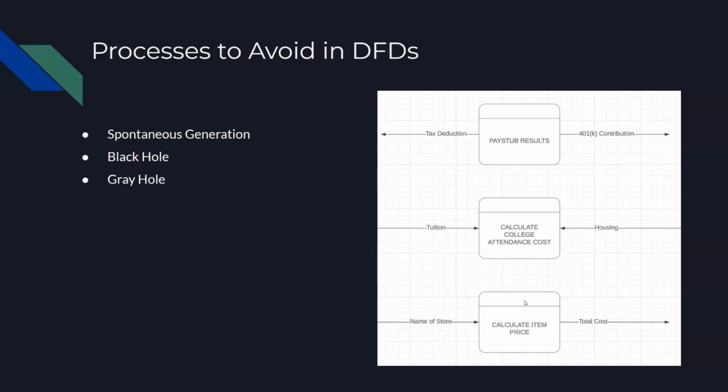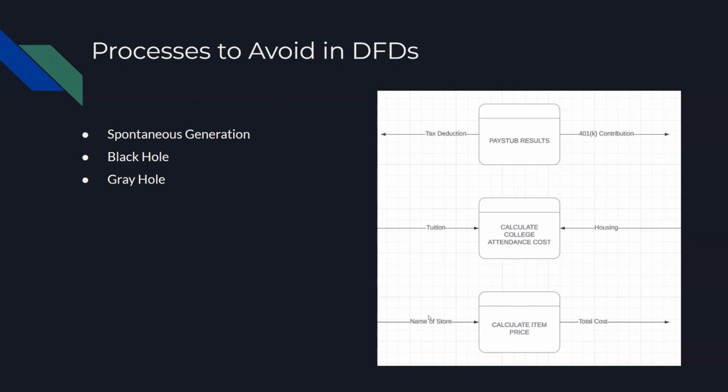Now for a gray hole, which is this example here, we have a calculating item price process. So we have these 2 inputs, name of store and item price, coming into the process of calculating item price, and then output data of total costs. So what makes this a gray hole is that this process has at least 1 input, as you can see, and an output.